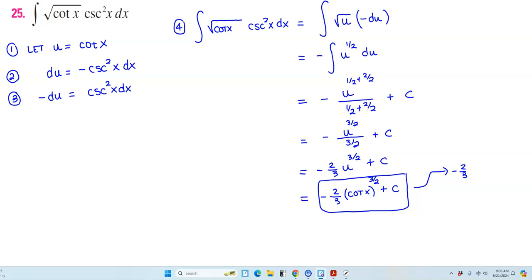The fractional exponent with the 2 means that it's going to be the square root of the cotangent of x cubed plus c, which would then be negative 2/3 the square root of the cotangent cubed x plus c. So again, it's just rewriting the statement using some of your algebra tools to make sure that you can write this under the radical, but either way, both of these would represent the solution.